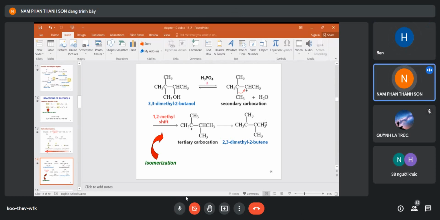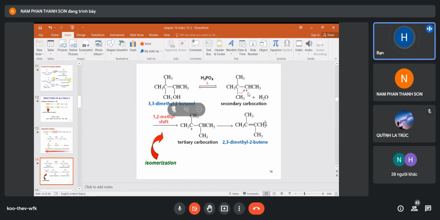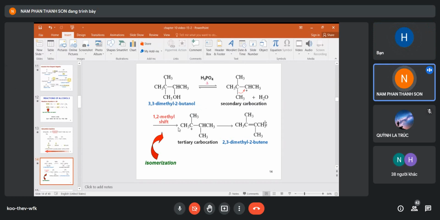Can you explain to your friends why we have rearrangement here? Huy. Carbocation. A rearrangement. But why is the tertiary carbocation more stable?